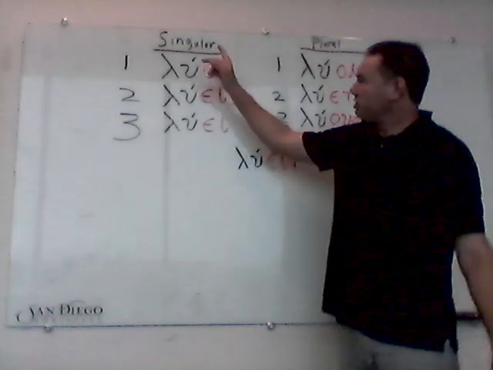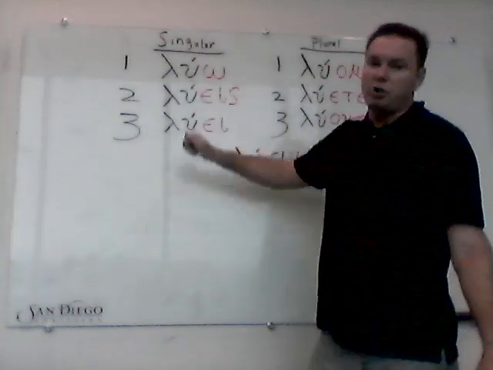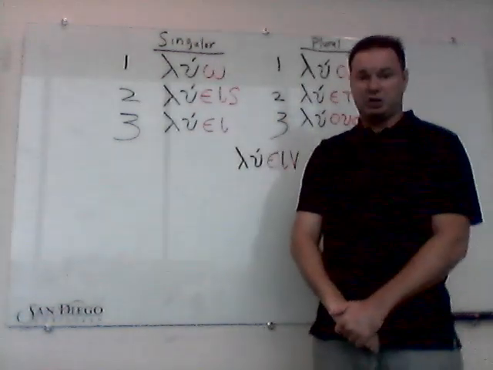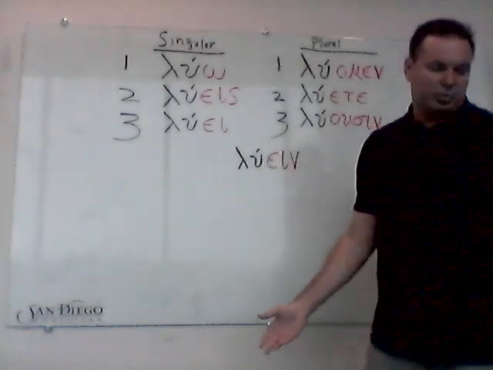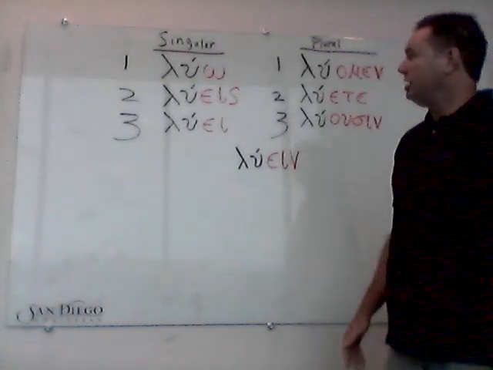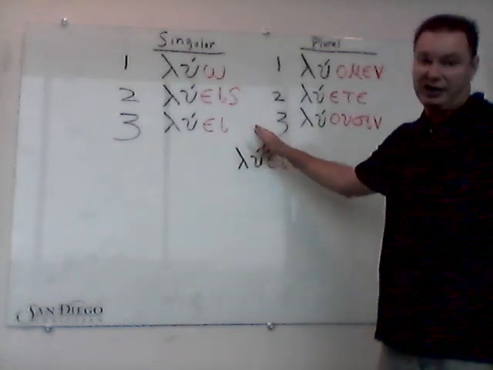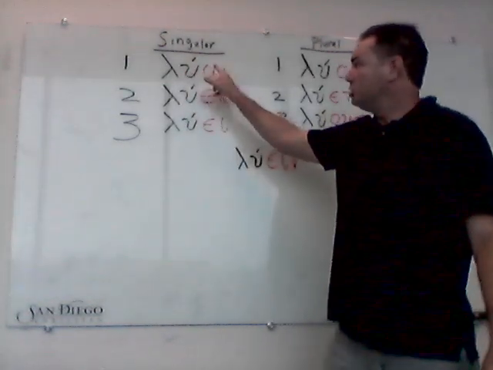So if we're in first person singular, now remember that the verb luo means I loose or I destroy. Now I'm going to go with loose rather than destroy for our purposes here. It's the one that's being used in the textbook as well. We have present tense because this is the present active indicative paradigm. So I am loosing.